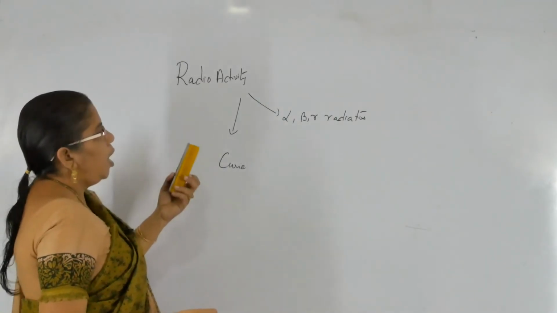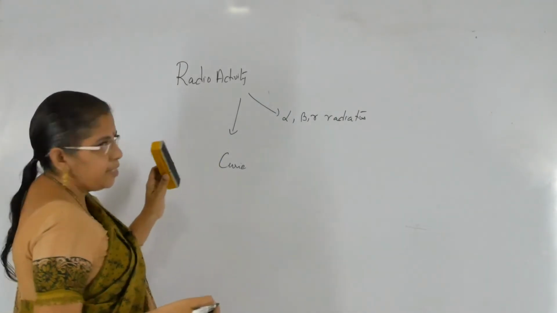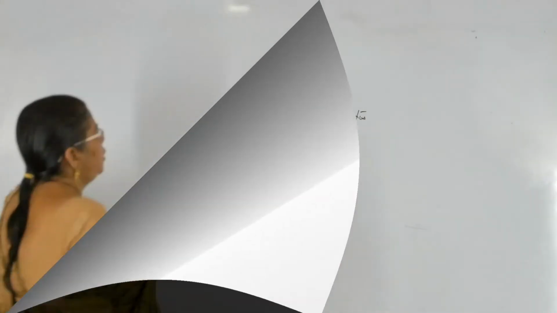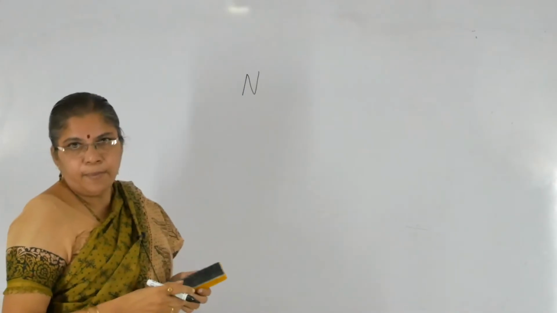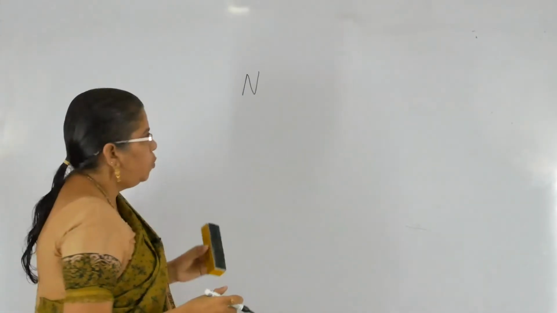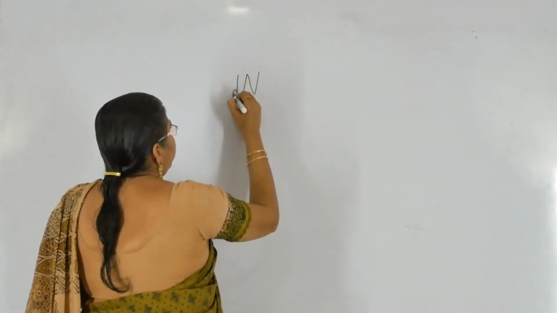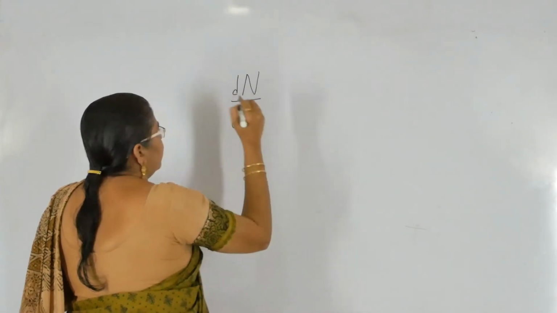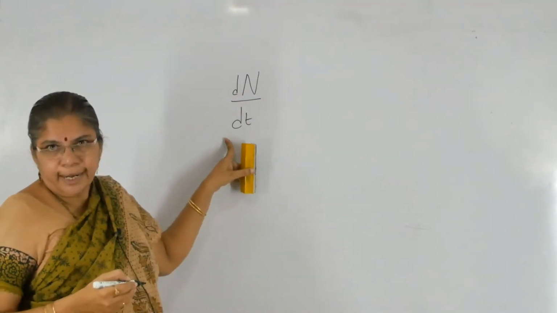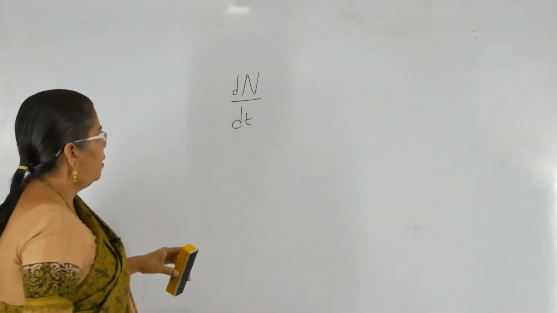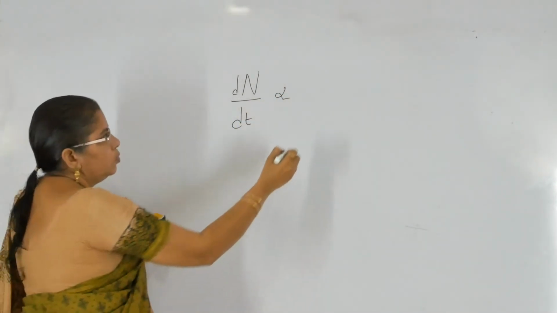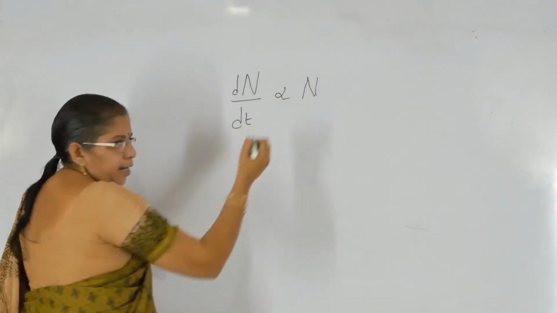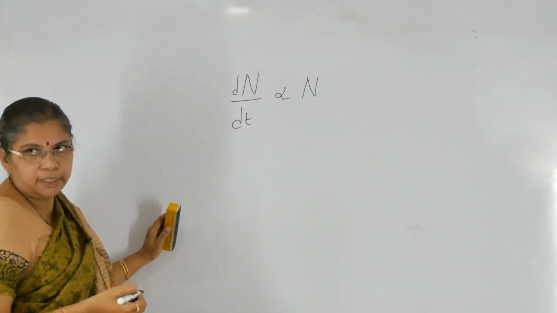So there is an equation for radioactivity. Let us suppose N is the number of atoms. With time they decay, so dN by dt gives the atoms that have decayed, and these are proportional to N, the total number of atoms present.